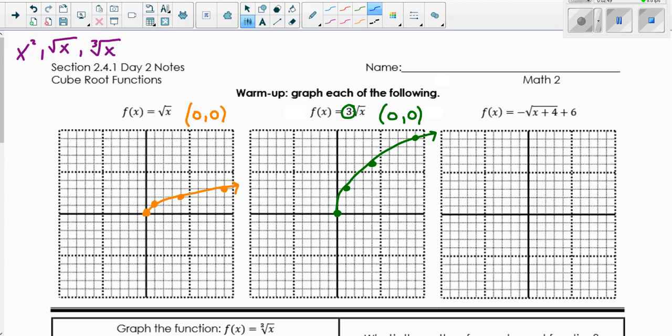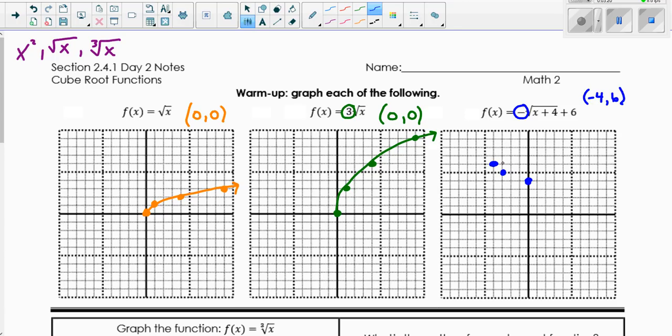Okay. In the next one, positive 4 means that I've moved left 4, and then the 6 means up 6. Okay, I need to pay attention to the fact that this is negative, which means it's reflecting. So I plot my point at negative 4, 6. Alright, and then right 1, the square root of that is 1, but then I go down 1 since it's negative. I go right 4, the square root of that is 2, so now I go down 2.